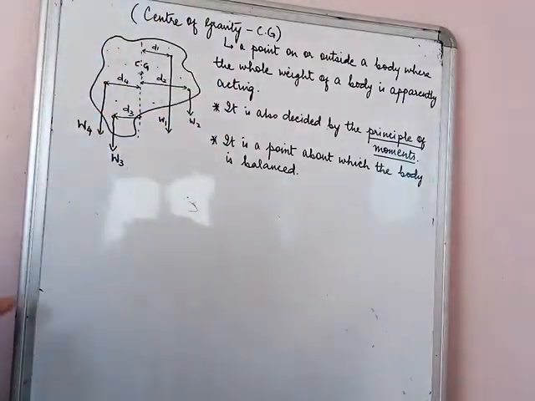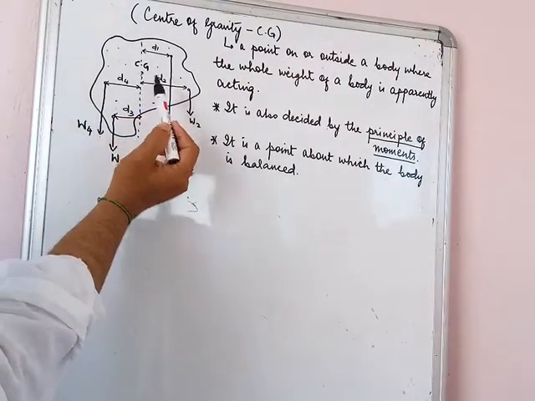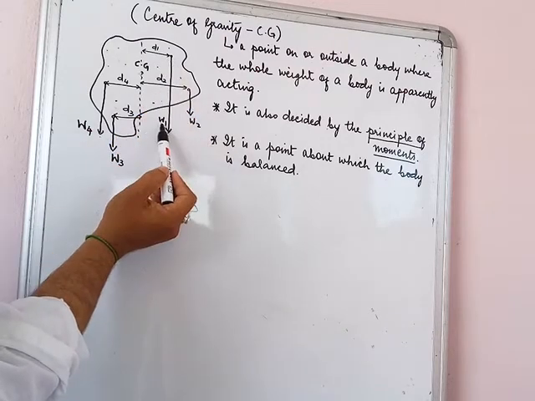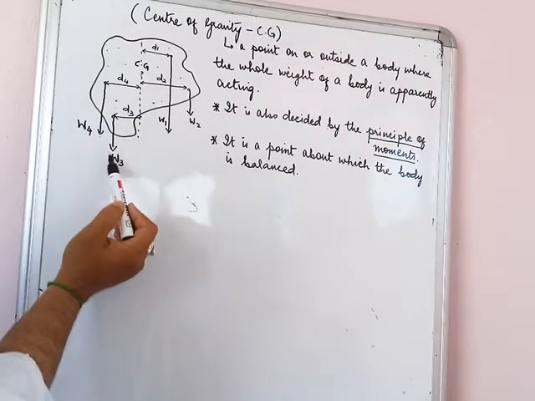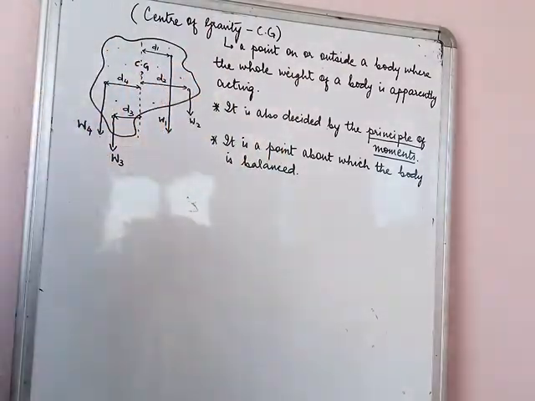But since we can't take so many of them, to the right side of this point I have taken one weight here, and one weight here, and then one weight here and one weight here. So two weights on the right side, two weights on the left side.